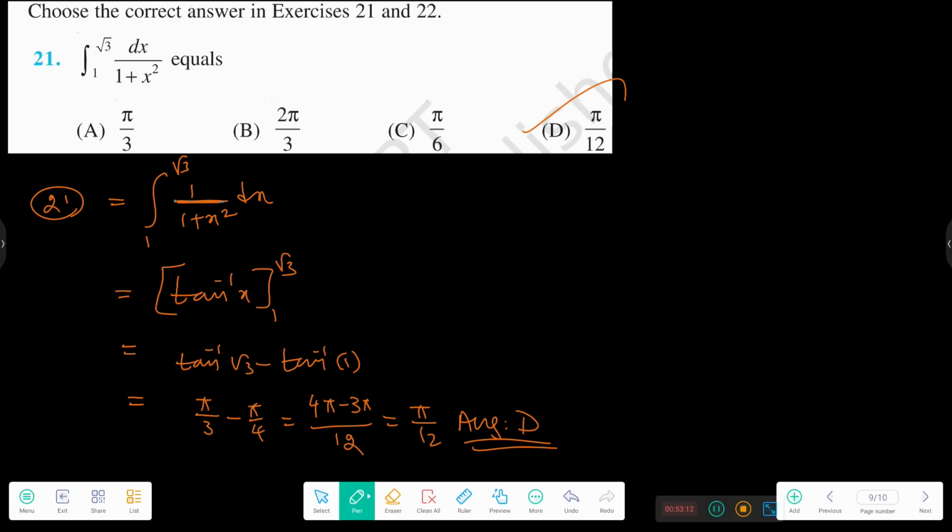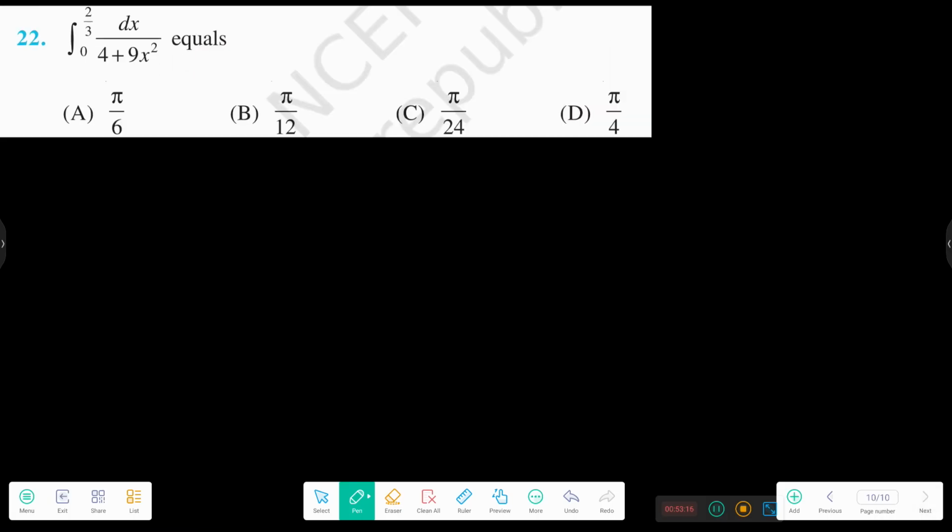Kindly just listen. I will complete the next also. For the next, 22, I is equal to integral from 0 to 2 divided by 3 of 1 divided by 4, which we can write as 2 square plus 9, which we can write as 3x the whole square, into dx.